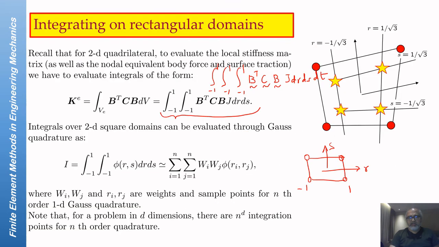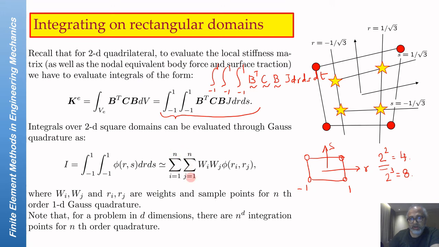So you will now get 2 to the power 2 sampling points. So you will get a total of 4 sampling points. And in 3D, you would get 2 to the power 3, that is 8 sampling points for second order Gauss quadrature. And what would the effective summation be?